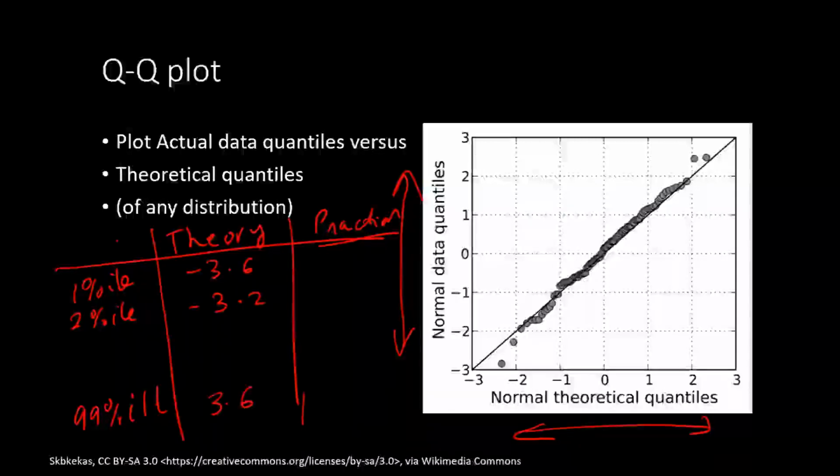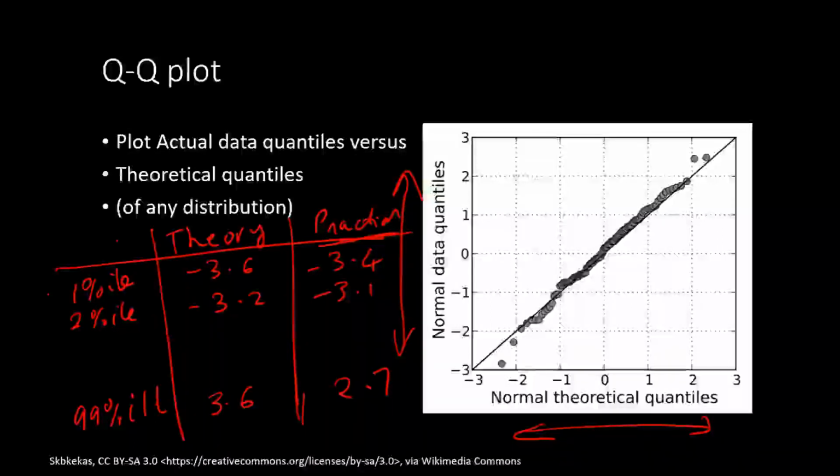And here we plot the actual values from the data. So if we have 1,000,000 data points, this would be the 10,000th data point, and that is, let's say, minus 3.4, minus 3.1, and then let's say here it only reaches up to 2.7, right?